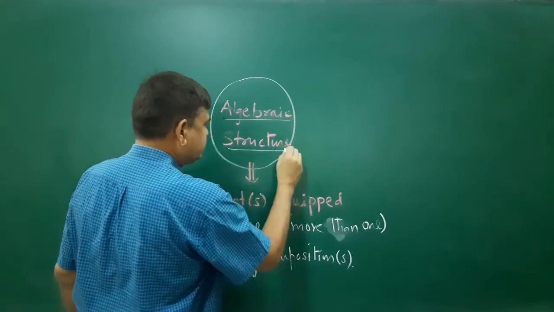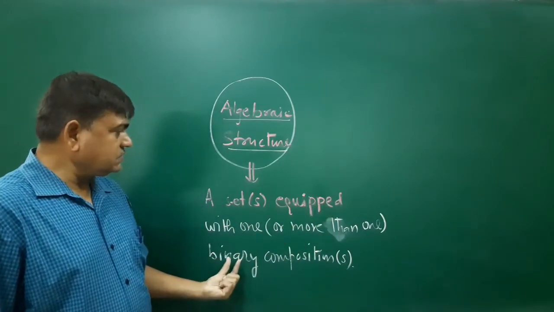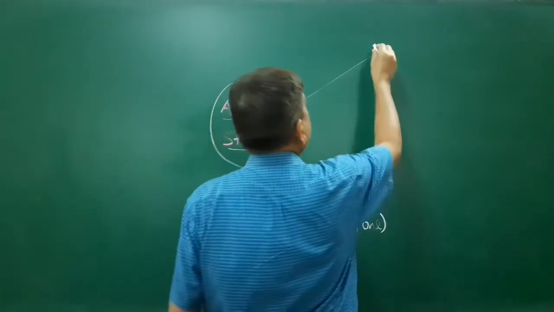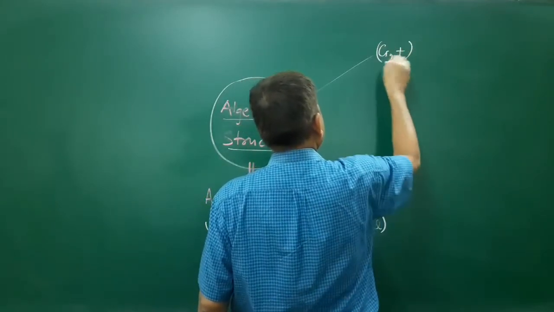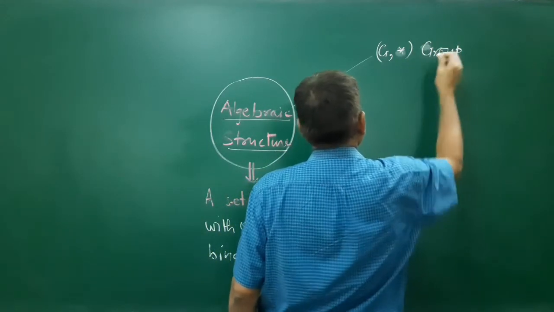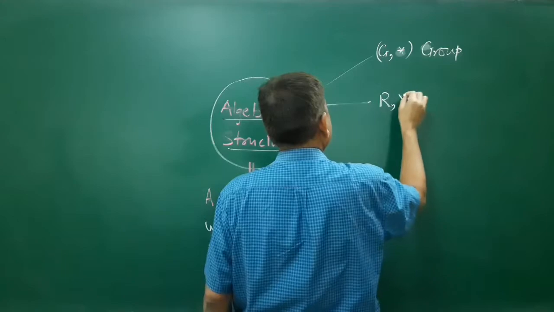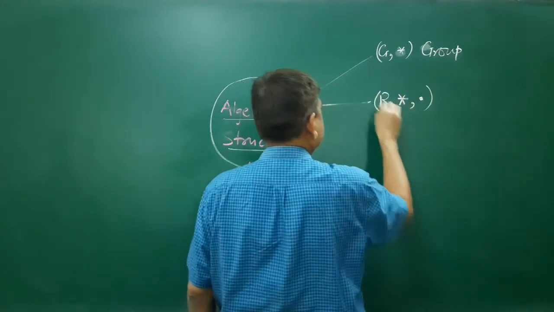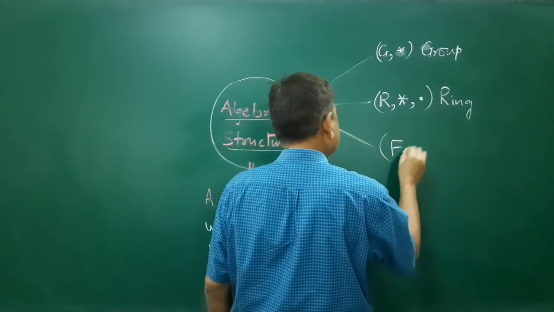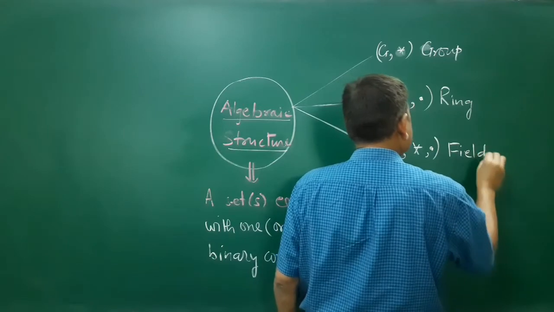What is algebraic structure? A set equipped with one or more than one binary composition. Group, ring, field.